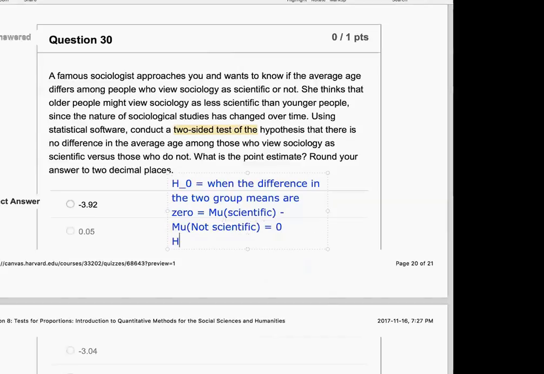And then the alternative hypothesis, HA, you could say, is when the two group means, or proportions, but keep in mind we're talking about means here because we're talking about differences in age between those who view sociology as scientific versus those who do not, are not equal, so the difference is not equal to 0.